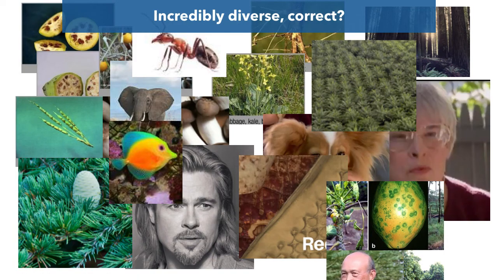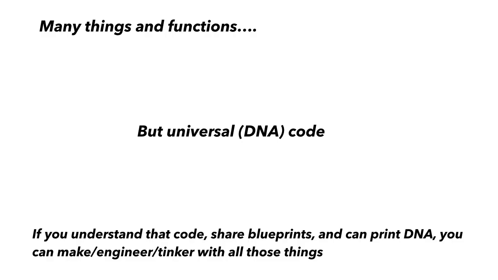Final point for today is to think about the common API for biology. If you look at lots of different things of living matter, like plants and people and elephants and microbes, you see an incredible diversity of form and function. But underneath all of this is a universal common blueprint, DNA.